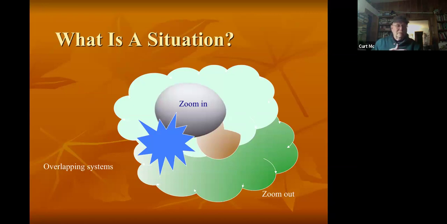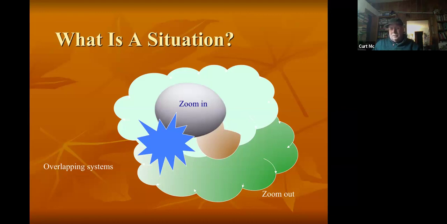We're talking about systems change in general in the most recent of these meetups. When we talk about changing a system, we start by describing what some people call a situation. It's a little more general term than saying what is the system we're looking at. And this image illustrates that graphically.